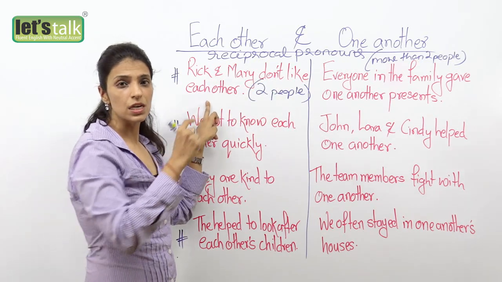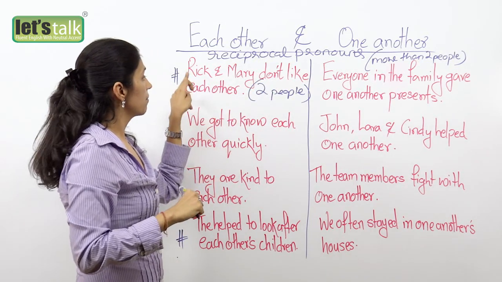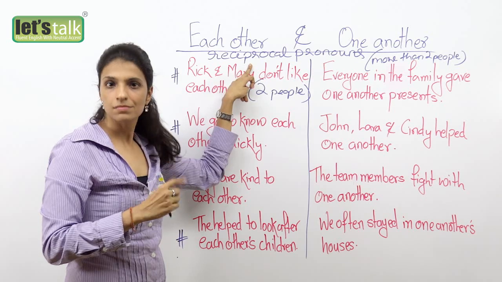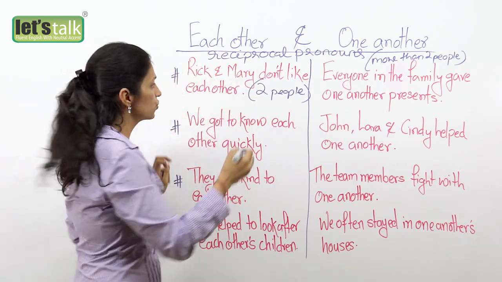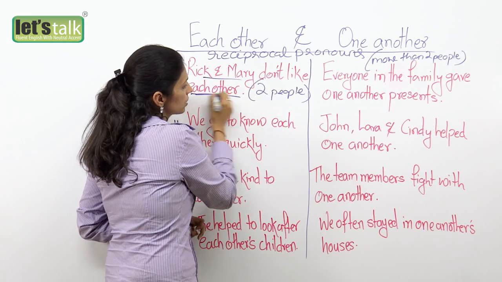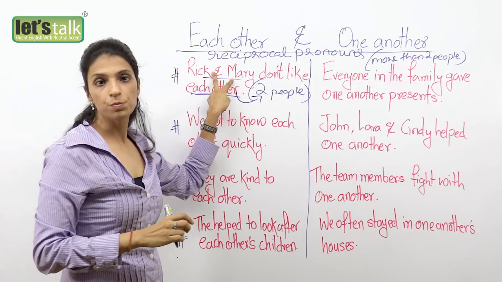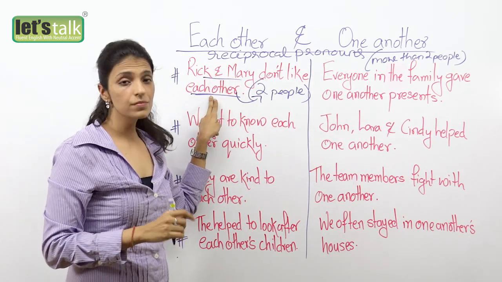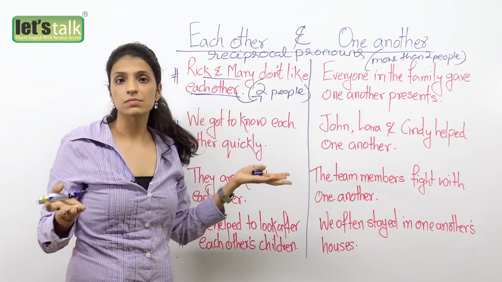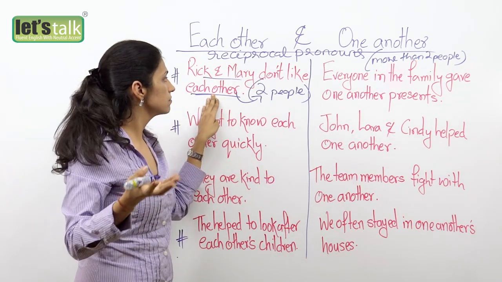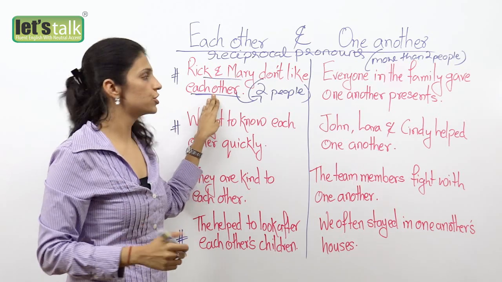When I say they don't like each other, that means Rick doesn't like Mary and vice versa. It's mutual. Mary doesn't like Rick. So they don't like each other because we're talking only about two people, so use each other. A lot of people would go ahead and use one another, and I'm okay with that, it's all right. It could be used interchangeably.